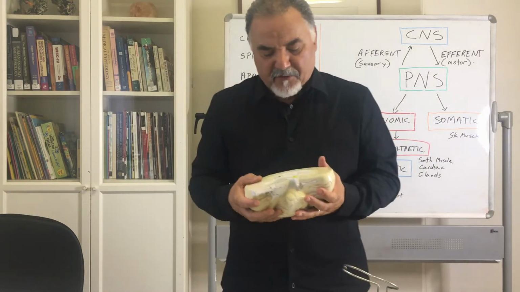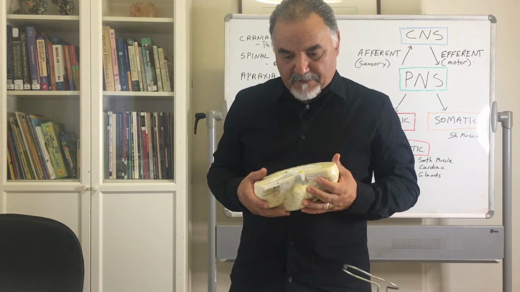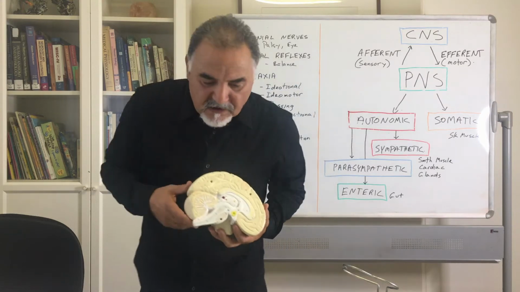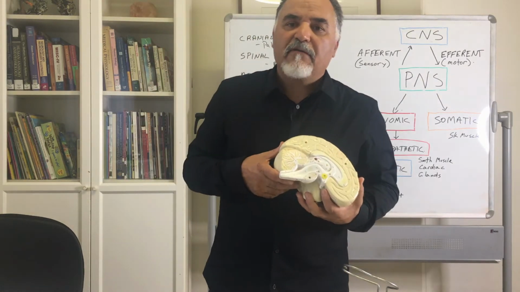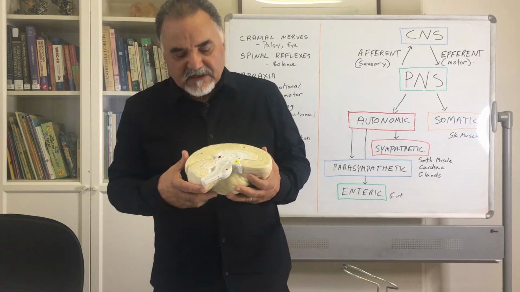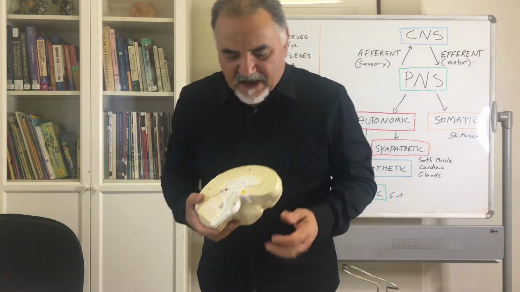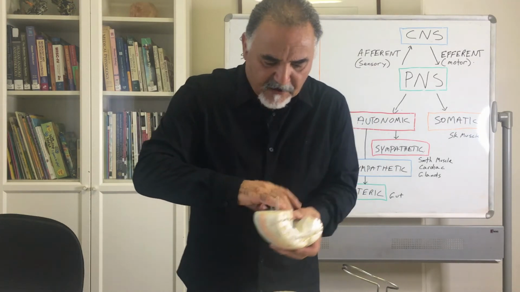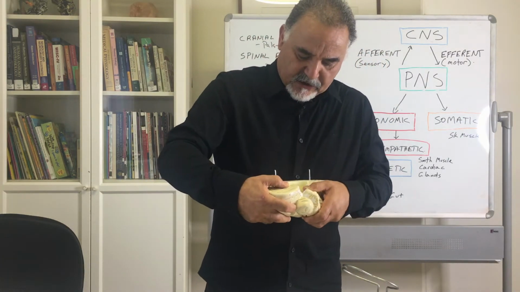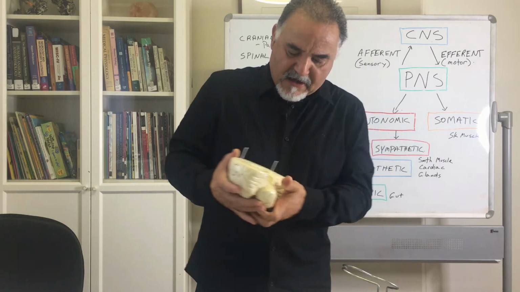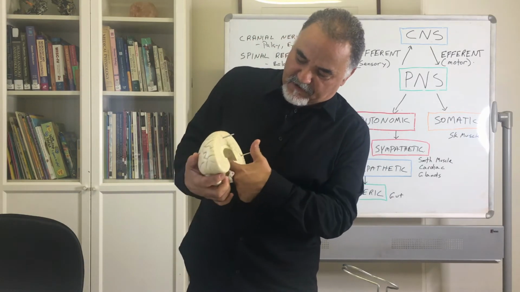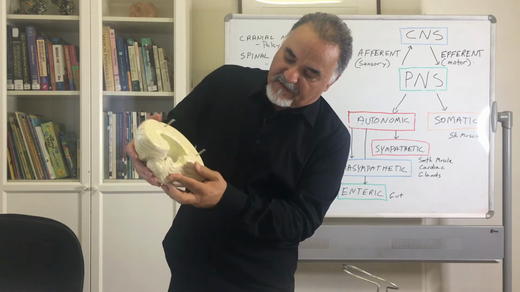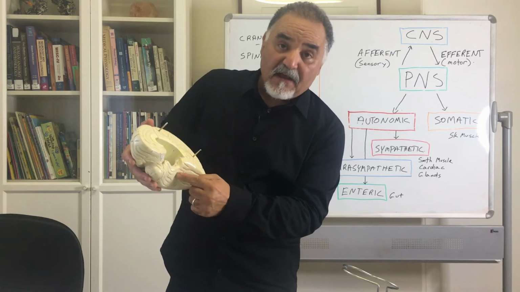A couple of important regions for us to think about are Broca's area, Wernicke's area, and the primary auditory centers, which will lie deep within the temporal lobe here.